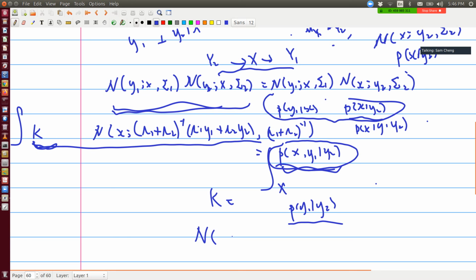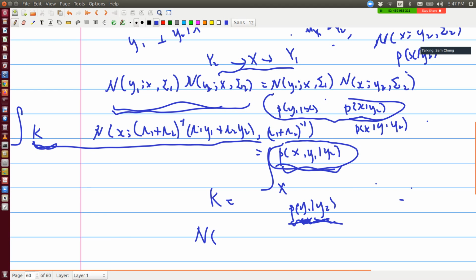What's the mean of y1 given y2? If I interpret this term, it is a PDF of y1, and for this PDF it has some mean and may have some variance.